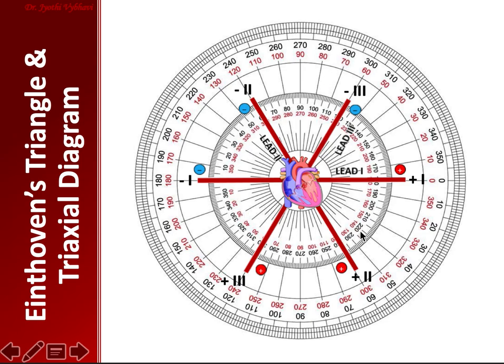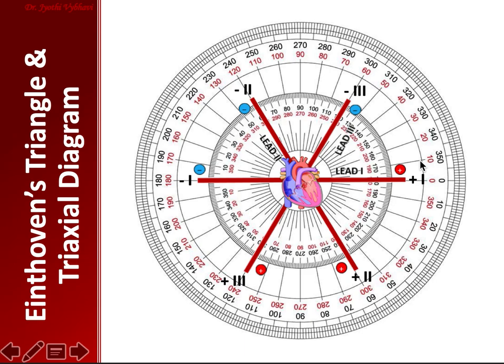So with the help of bipolar Einthoven leads, with the help of Einthoven triangle and triaxial system, we can study the electrical events of the heart through 0 to 120 degrees. So it is covering from all these angles. We can see the electrical activity of the heart.